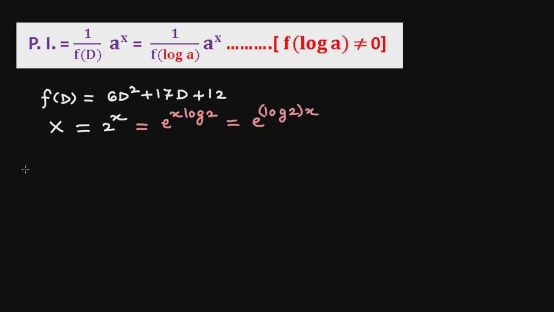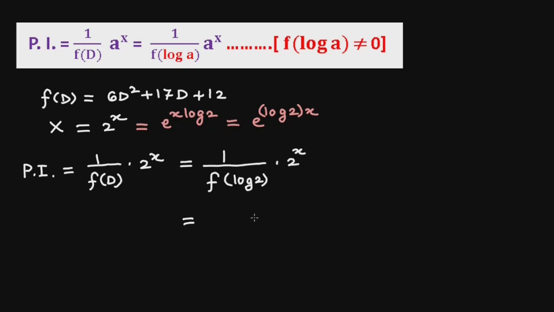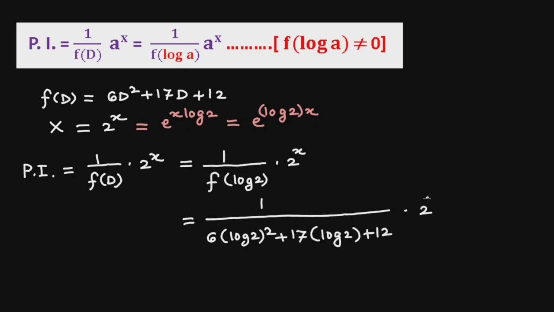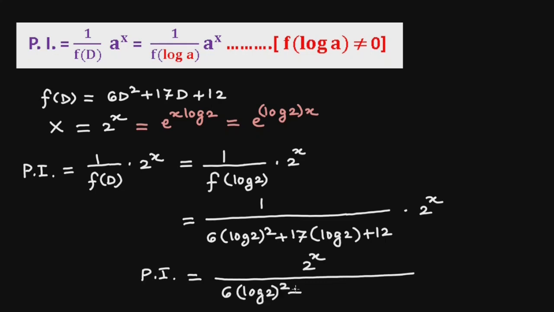So by the rule, the particular integral will be 1 upon f(D) 2 raised to x equals 1 upon f(log 2) 2 raised to x, which is 1 upon 6 (log 2) squared plus 17 log 2 plus 12 into 2 raised to x. So finally, the particular integral will be 2 raised to x upon 6 (log 2) squared plus 17 log 2 plus 12.